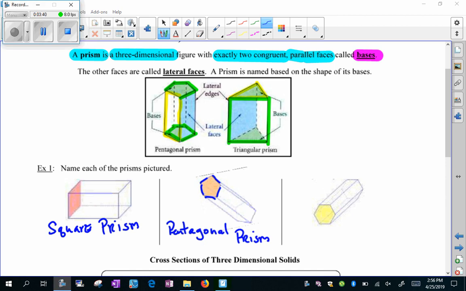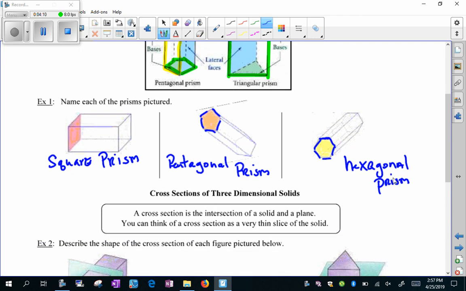And then the last one, if I count the sides of that base, that's a hexagon. So I'm going to call that what it is, a hexagonal prism.